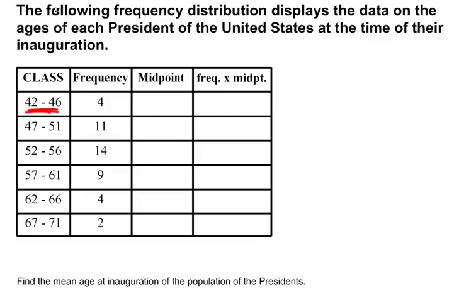We don't know the exact age from this data, so we have to come up with a value to attribute to that, since we don't have anything else in this problem. So we're going to find the midpoint of that class, and we will count all 4 occurrences as that value.